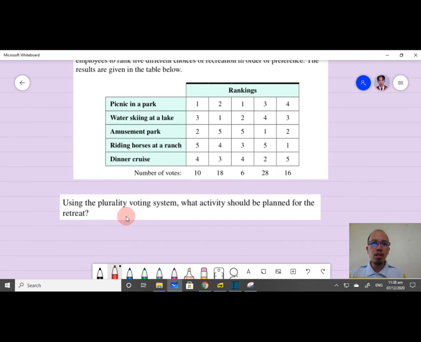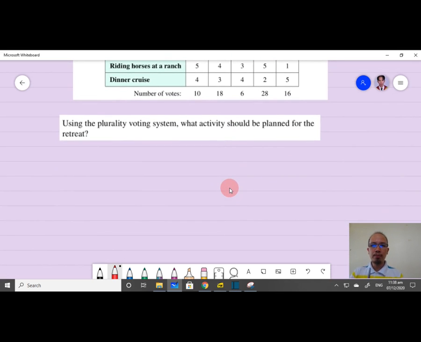The question is, using the plurality voting system, what activity should be planned for the retreat? Okay, so this is the solution.